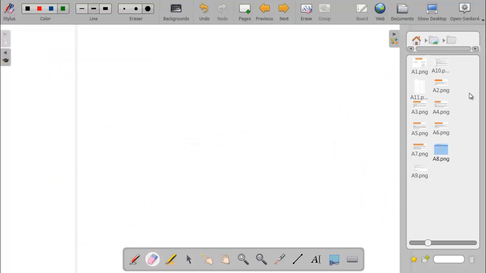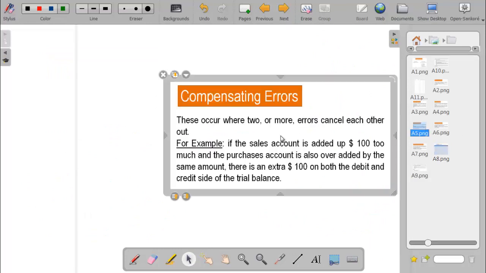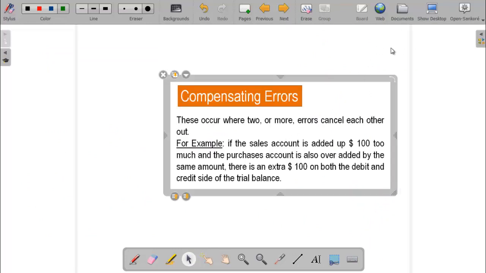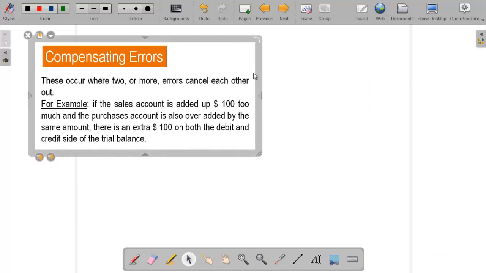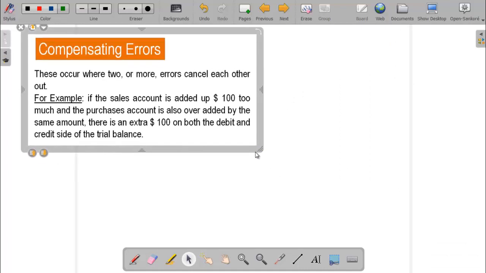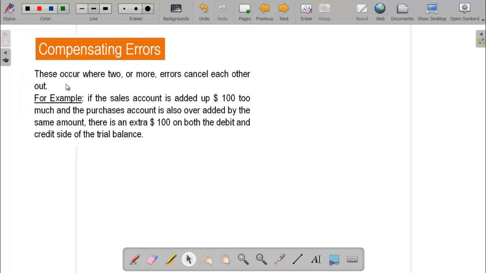Now see the next error. The next error is compensating error. These occur when two or more errors cancel each other out. Suppose I made one mistake and that mistake will affect the total of the trial balance.